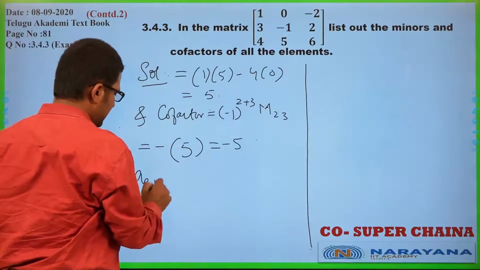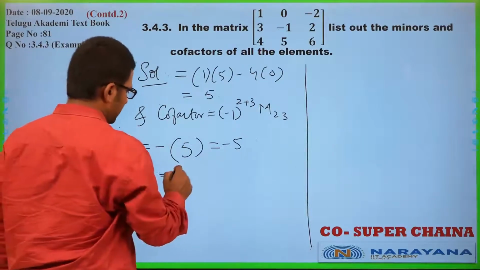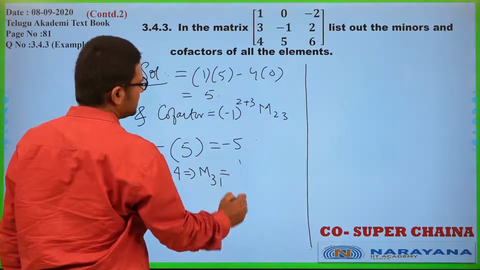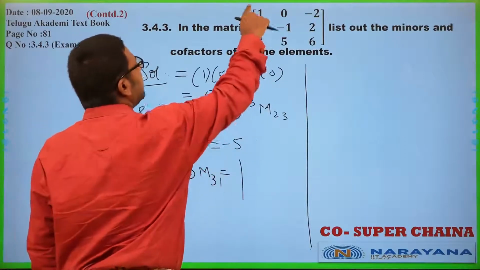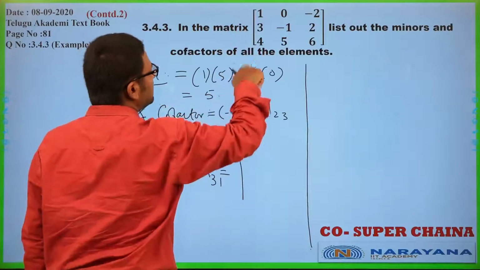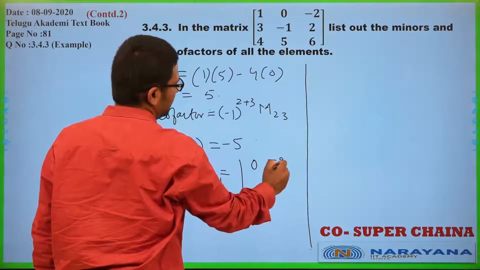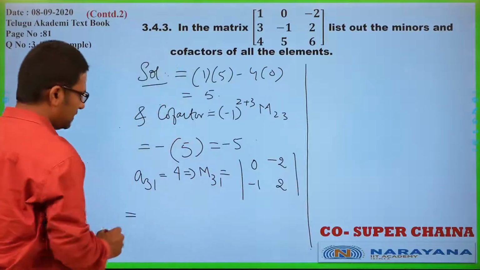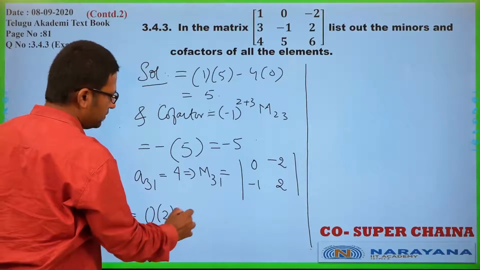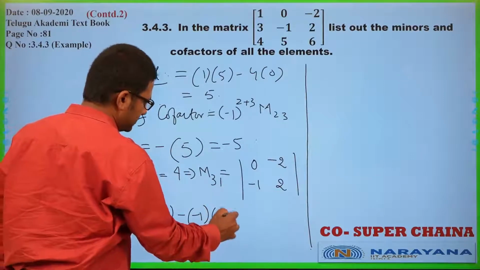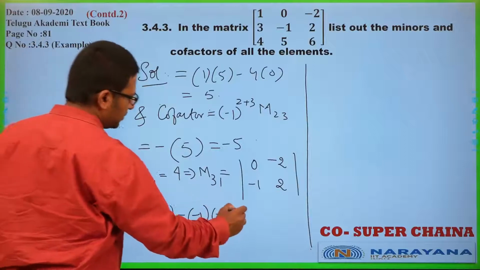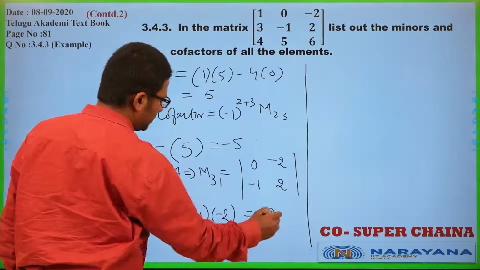Then A31 is 4. Therefore, M31 is the determinant. Leave the third row, first column. So 0 minus 2, minus 1 2, which is equal to 0 into 2 minus minus 1 into minus 2, right? This is just 0, this is minus of plus 2. So this is minus 2, right?